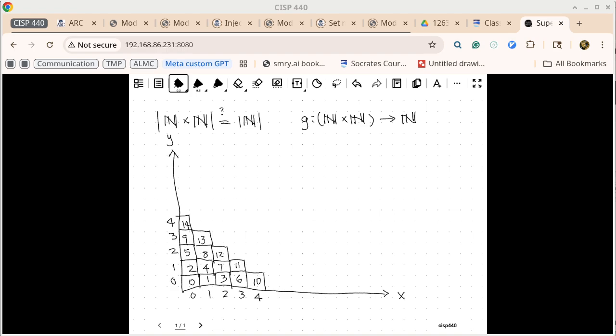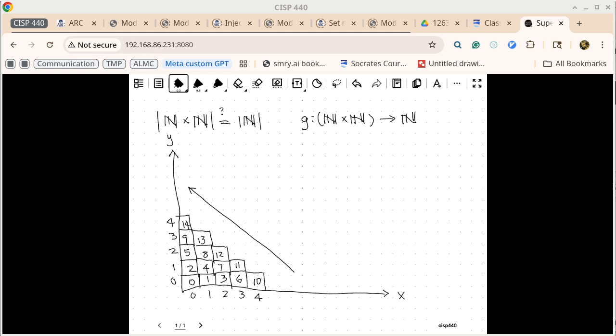So the diagonal is basically we are sweeping in this particular way, from lower right to upper left. And when we run out of diagonal space, we go back to the base of the x-axis and start again. So this is the way we're going to fill up.